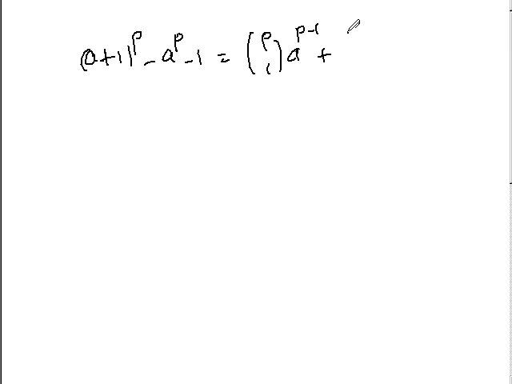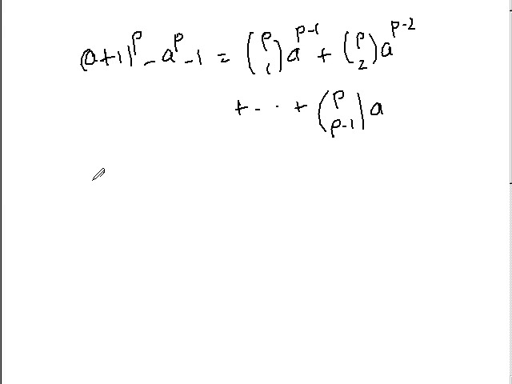Oops, did I? So (a plus 1) raised to the p minus a to the p minus 1 is equal to (p choose 1) a to the p minus 1, plus (p choose 2) a to the p minus 2, plus, etc., (p choose p minus 1) a times 1.